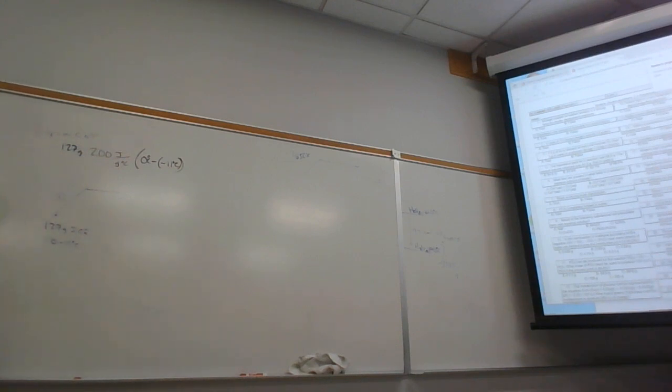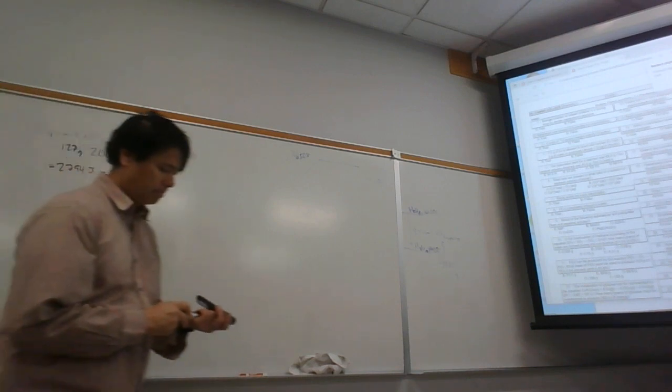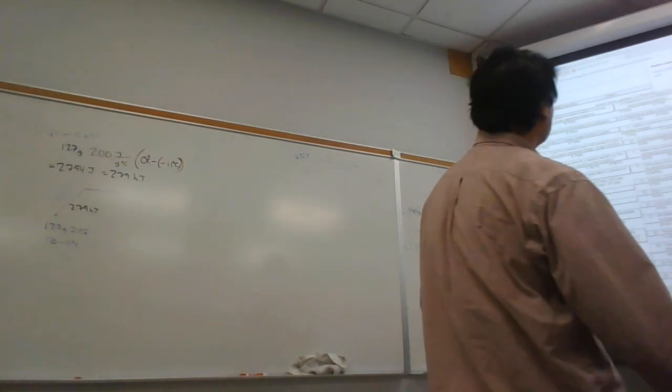So it's going to be 127 times 2 times 11. 2794 joules, or 2.79 kilojoules. So the first step here is going to cost us 2.79 kilojoules. Okay, then we need to melt all the ice.